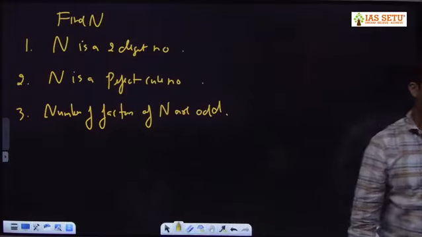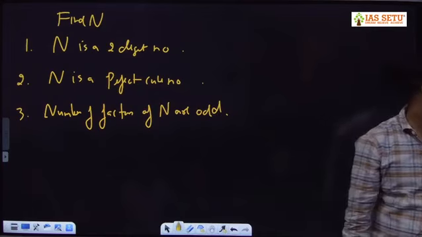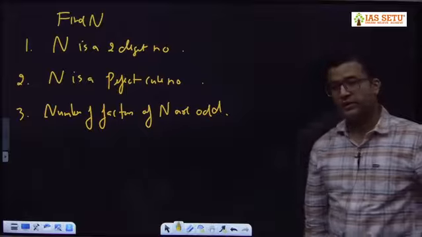Tell me, n is a two-digit number where n is a perfect cube number and the number of factors of n is odd. Find n. Take your time.